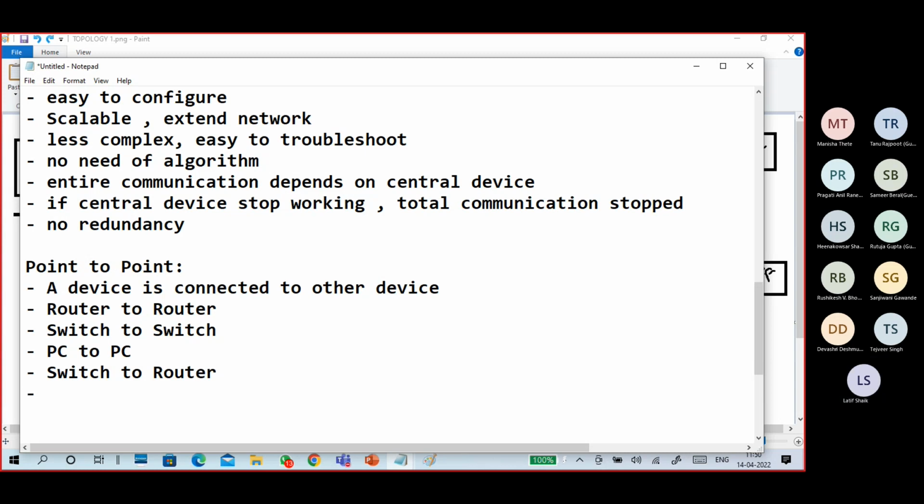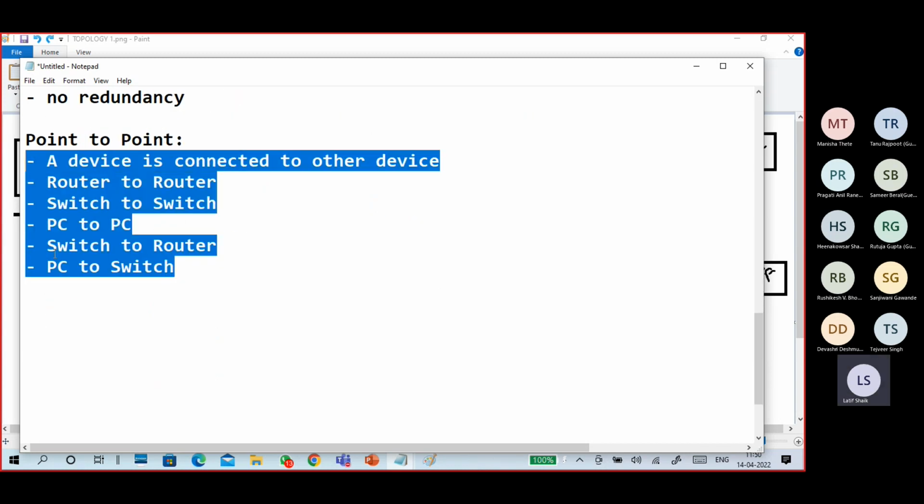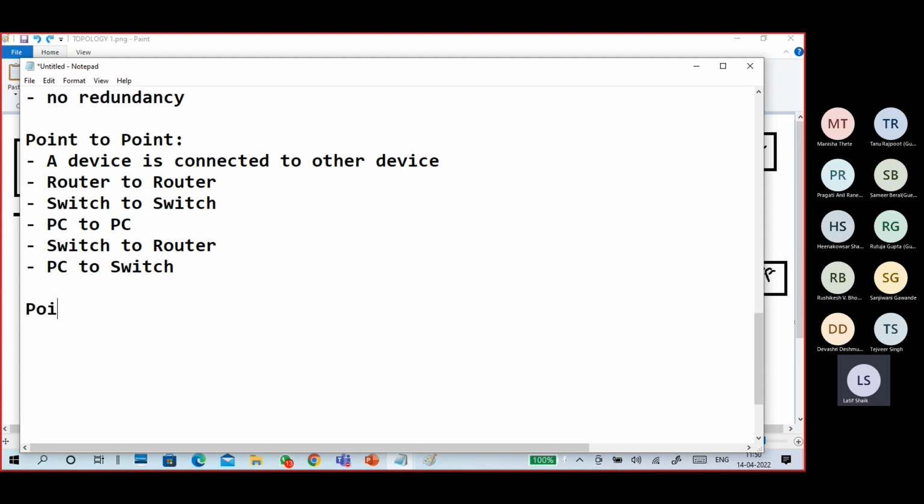Point to point. A PC to switch. These also come under point to point communication. Point to multi-point means a router connected to multiple routers in different geographical locations, like different networks.